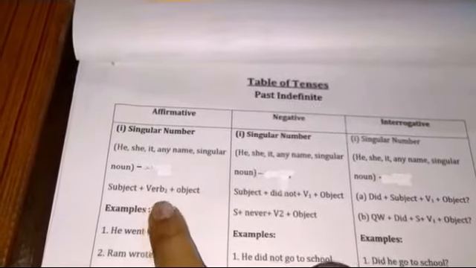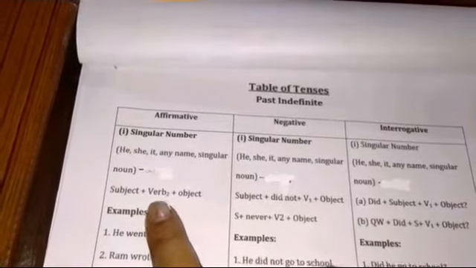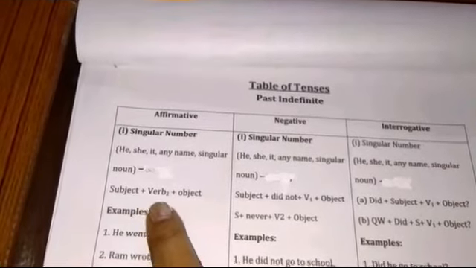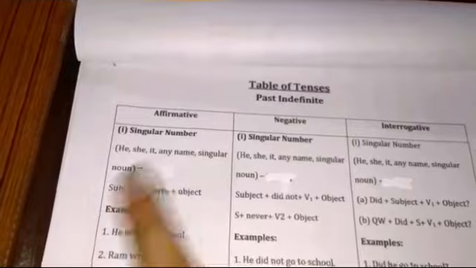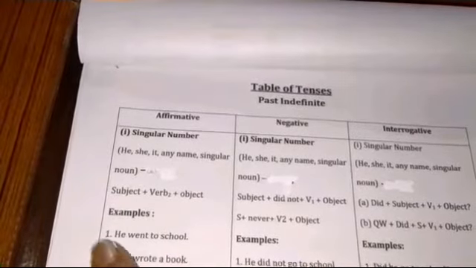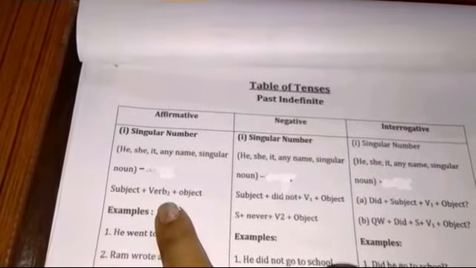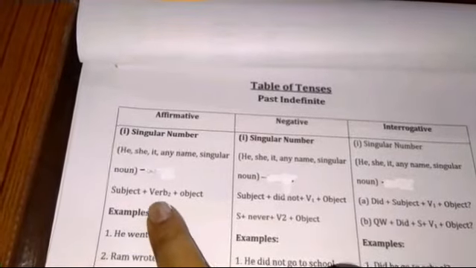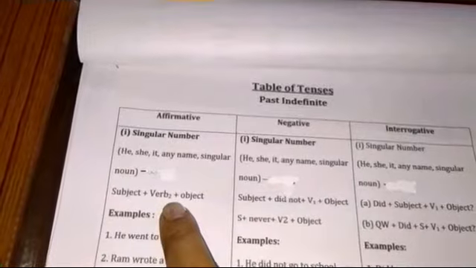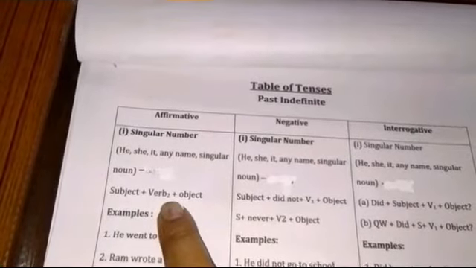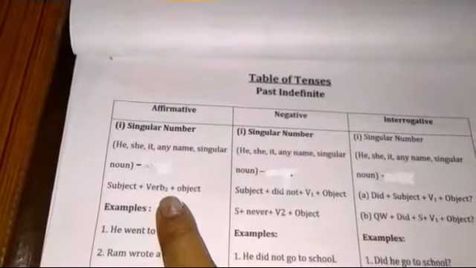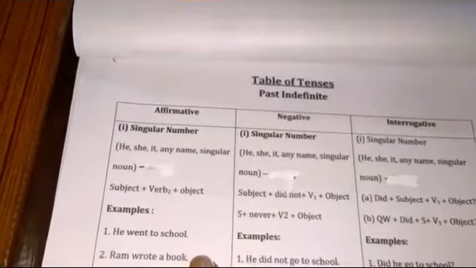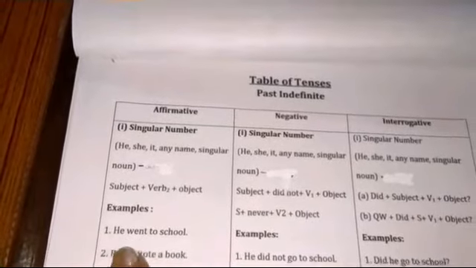Here you should pay attention that we use V second. Okay, in the present tense, simple present, we use V first, but in past indefinite or simple past we use V second, means second form of the verb. Now these are the examples.